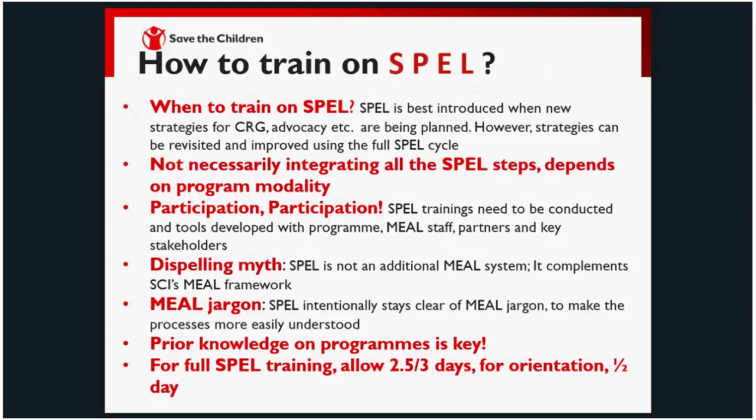The first component of SPEL is a strategic planning process where program teams, partners, and key stakeholders answer key questions related to what they want to do to improve the child rights situation, what difference it will make for children, how to achieve the change, and what are the key assumptions and risks linked to the strategy to track. So this strategy planning process, of course, is best applied when a new strategy is designed. However, it can also serve to revisit existing but perhaps failing strategies.